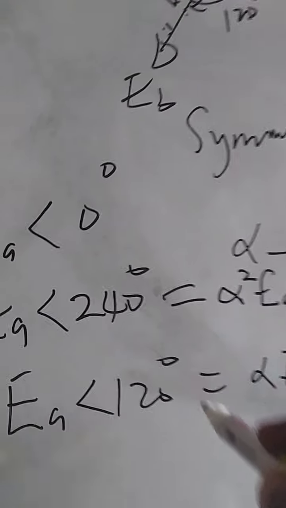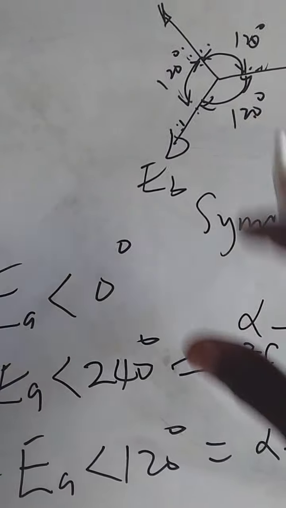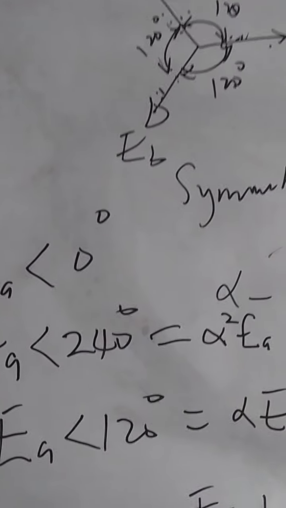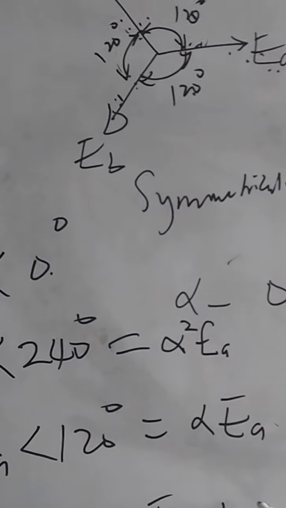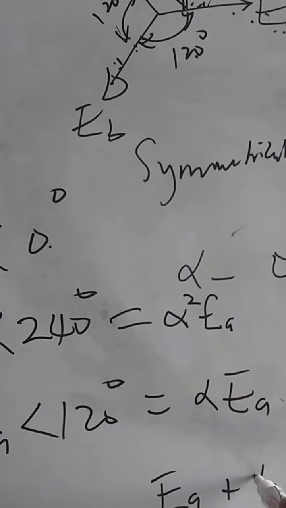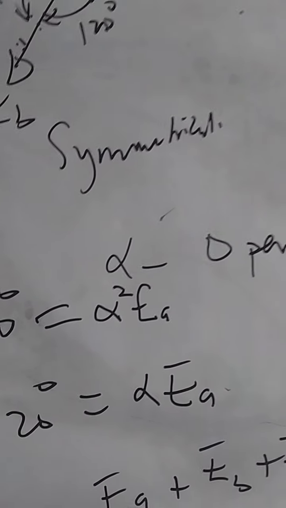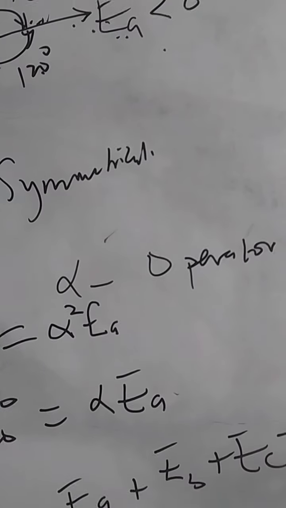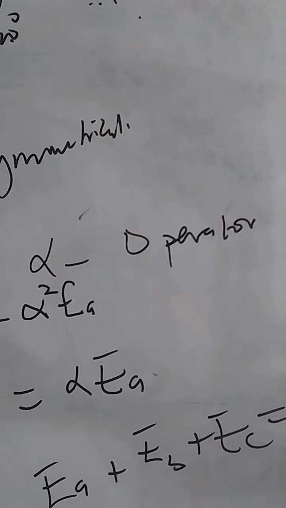Right. So with this now, since this forms a symmetrical balanced system, that means our EA, which is EA at angle 0, plus EB plus EC, that is, we're talking about the summation of the total of the phase voltages, EA plus alpha squared EA plus alpha EA.